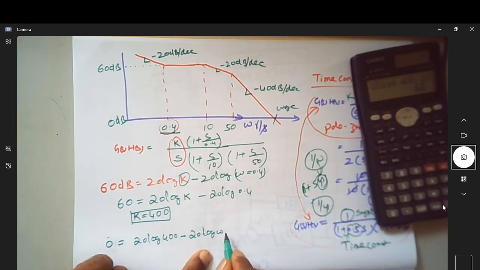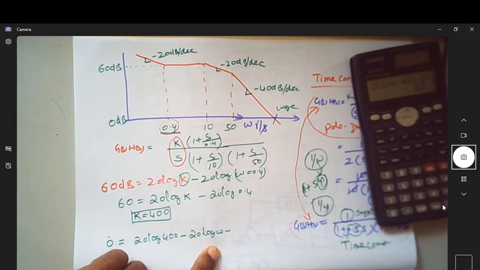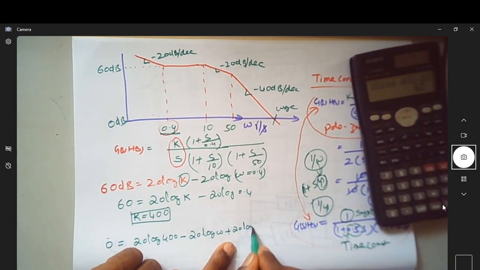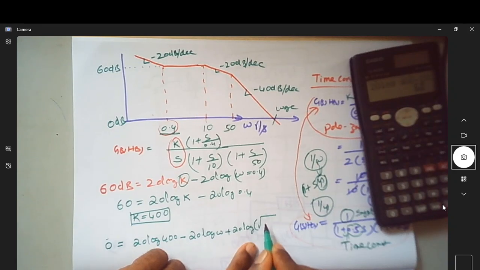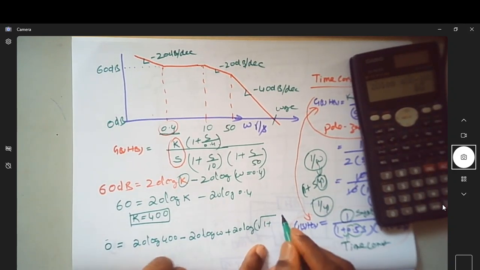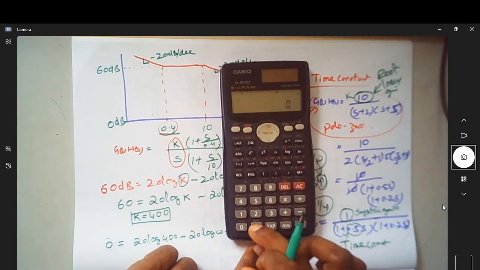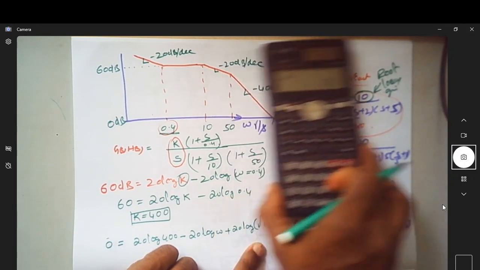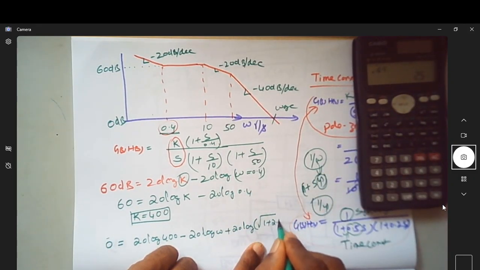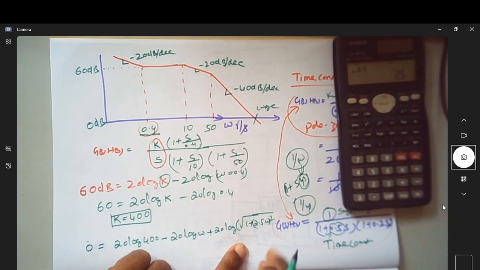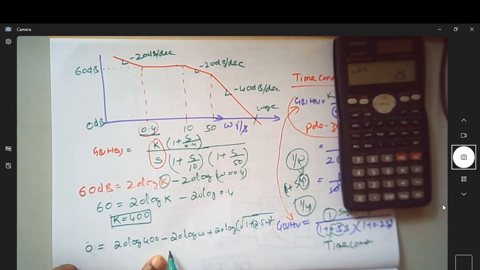and then minus 20 log under root of 1 plus, so what is 1 over 0.4? I think 0.4 inverse is 2.5. So I write it as 2.5 omega whole square as the term, and how about this term?